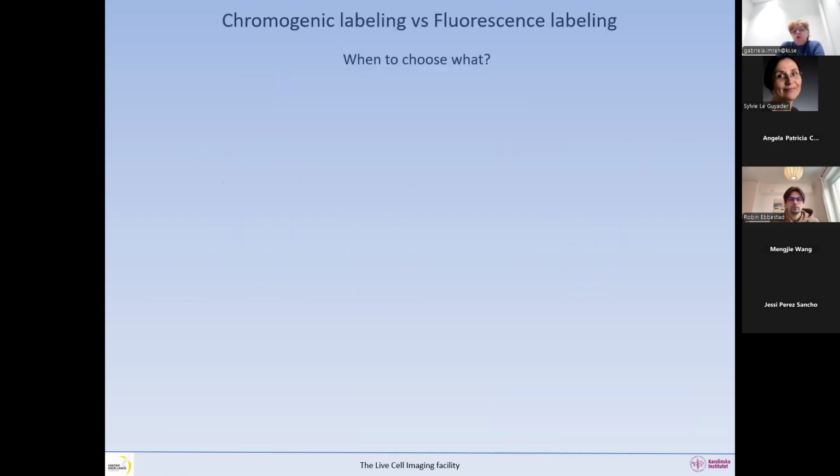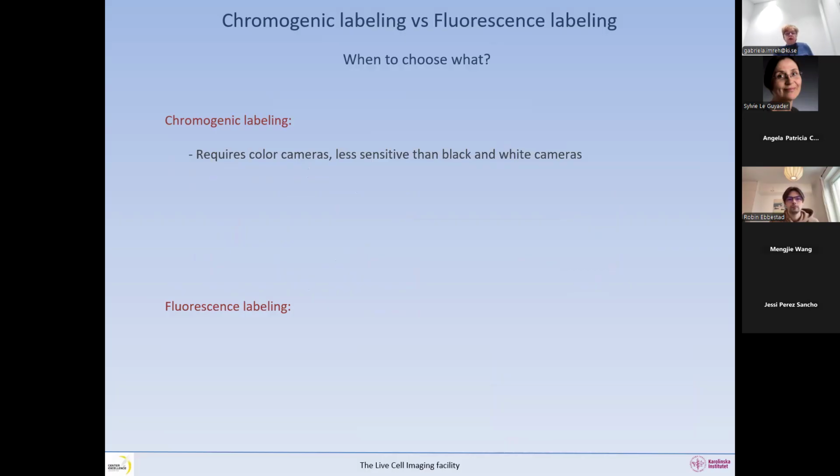So when should we choose what? Chromogenic labeling or fluorescent labeling? When we perform chromogenic labeling, to visualize our labeling we need color cameras, which are less sensitive than the black and white cameras which we use when we are performing fluorescent labeling.